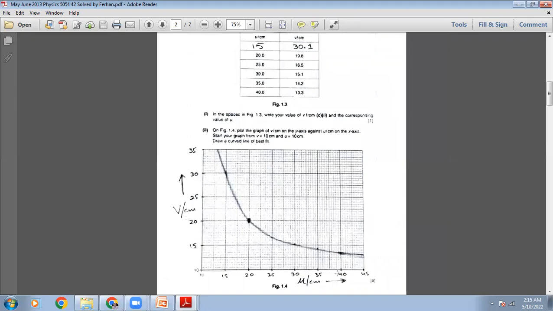At 15, you have 30.1, and at 20, you have 19.8. At 25, you have 16. At 30, you have 15.1. At 35, you have 14.2. At 40, you have 13.3. Then I join them with a smooth curve.